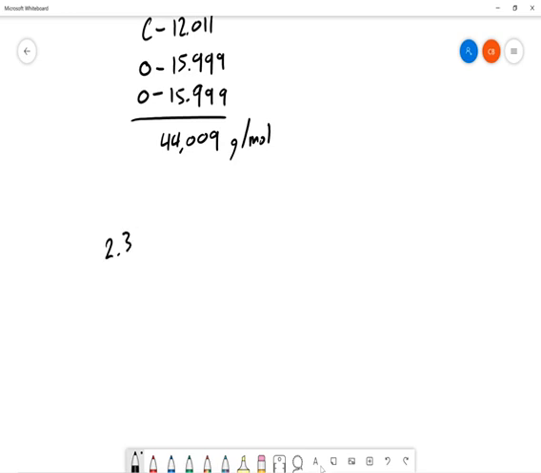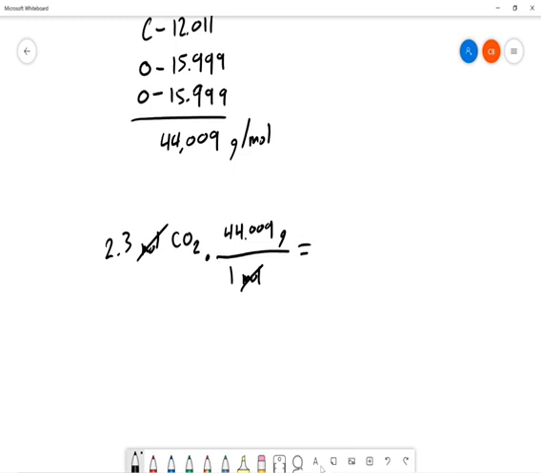Now, the problem stated that we had 2.3 moles of CO2. 1 mole of CO2 weighs 44.009 grams, which means that we multiply these.